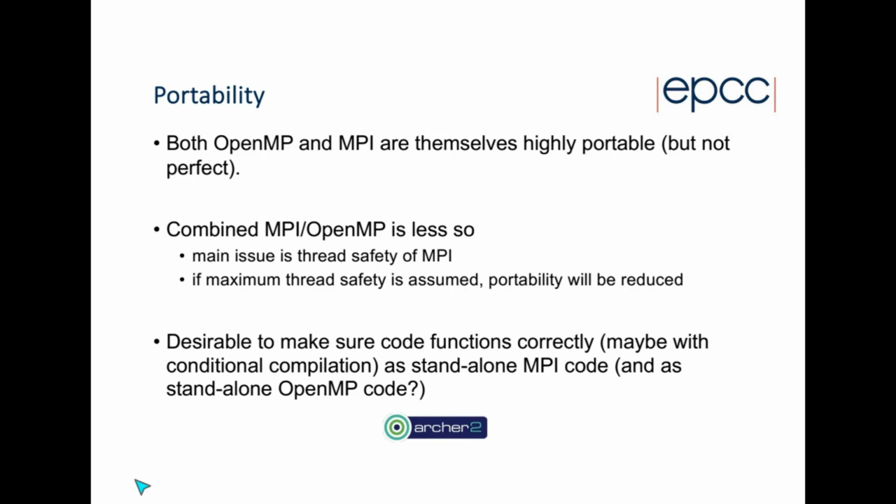The combination of MPI and OpenMP is slightly less portable. The main issue here is about thread safety of MPI. As we'll talk about later, if the maximum degree of thread safety is assumed, then there is some risk that portability will be reduced, because maybe not every MPI implementation supports that, or supports that effectively.